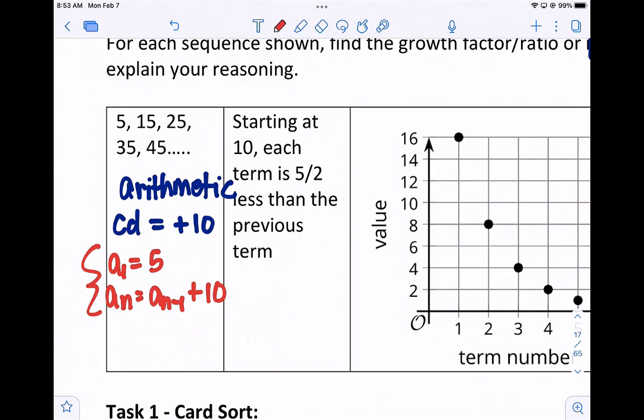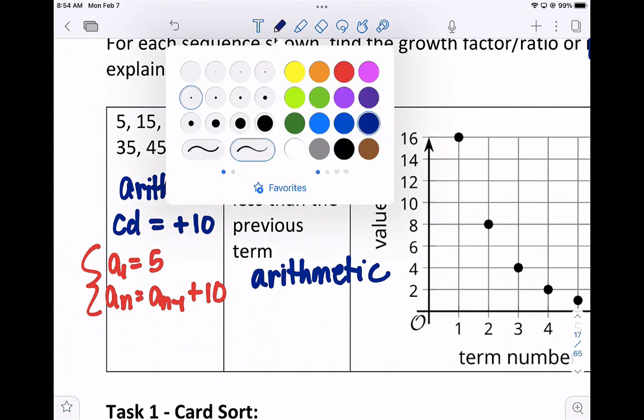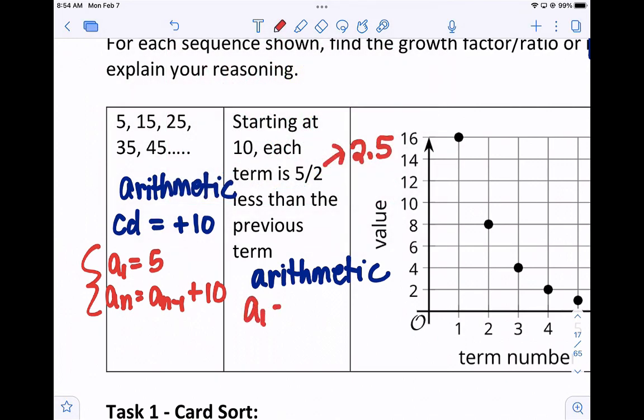The second one, it says, starting at 10, each term is 5 halves less than the previous term. So 5 halves is the same as 2.5, and if it's less than the previous term, then again, I would think that would be arithmetic, in which, again, we have our starting value is 10, and to find any term, we would take the term before it and subtract 5 halves, or I'll put 2.5.